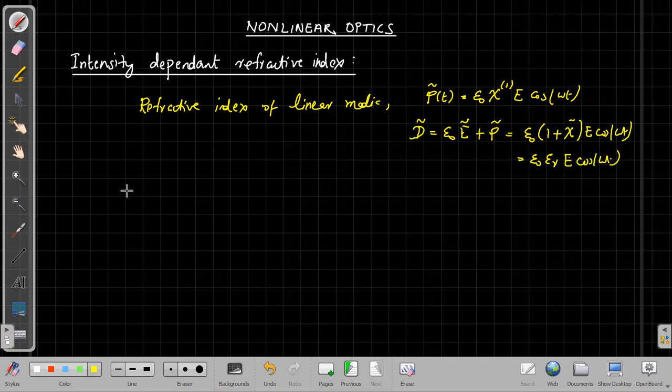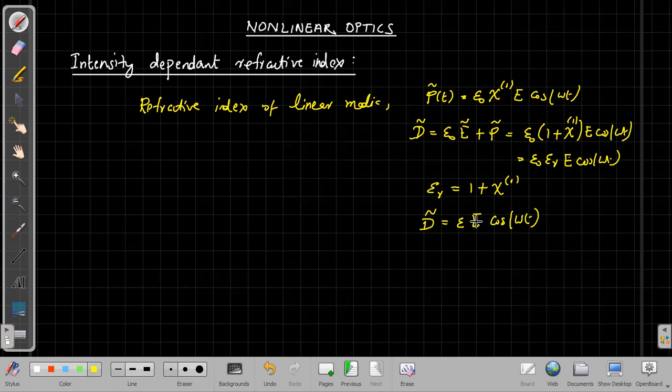This 1 plus chi, there is no tilde for chi, is basically chi 1. So epsilon r here is 1 plus chi 1. Finally, the electric displacement can be written as epsilon E cos of omega t.